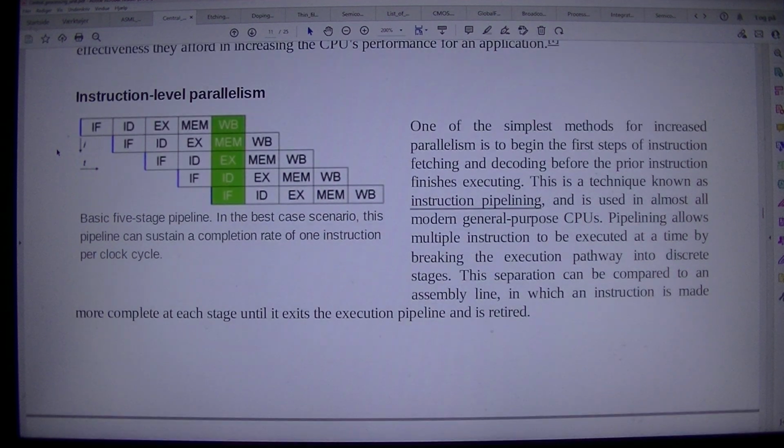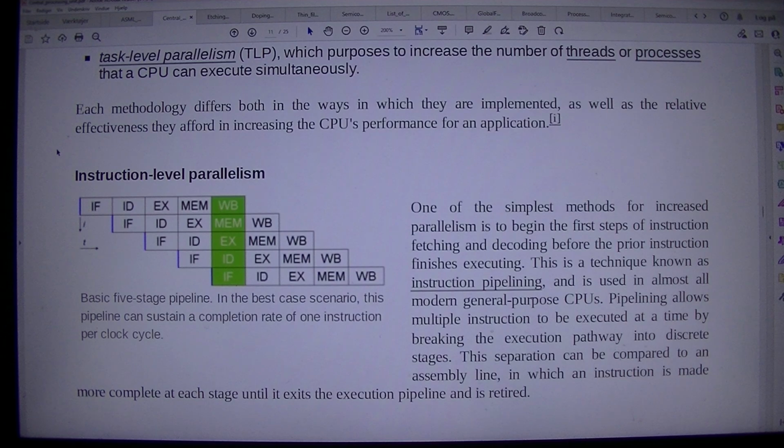Instruction-level parallelism. Basic five-stage pipeline. In the best-case scenario, this pipeline can sustain a completion rate of one instruction per clock cycle. One of the simplest methods for increased parallelism is to begin the first steps of instruction fetching and decoding before the prior instruction finishes executing.